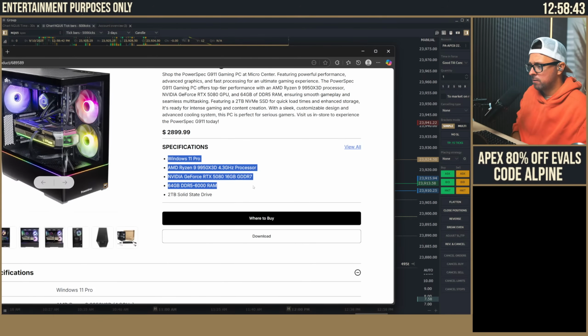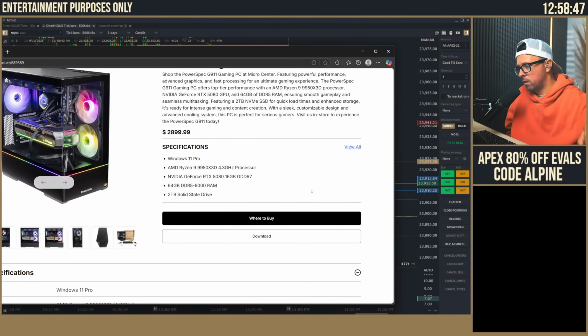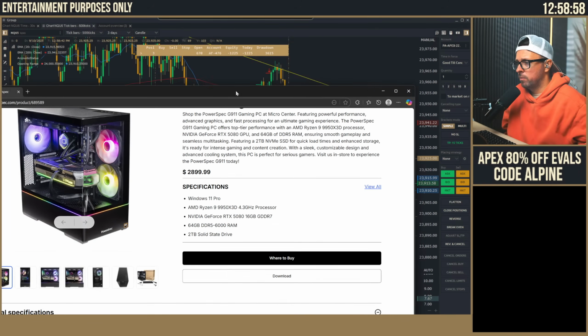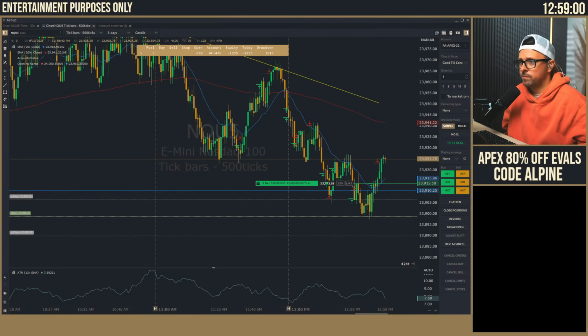Here are the specs. Pretty good for the price, I think. Well, the price is creeping up slowly. I think it's a pretty good PC for what it is.